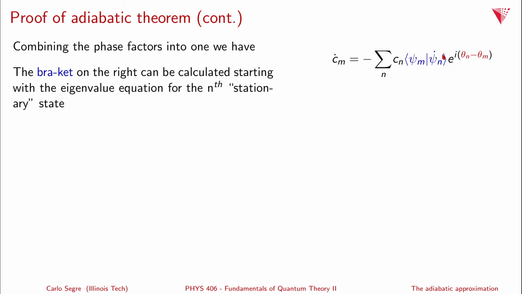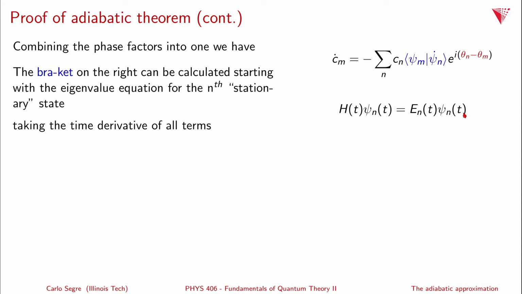Now, this bracket on the right needs to be calculated. And we can start by looking at the eigenvalue equation for the nth state, psi sub n. Well, H of t applied to psi sub n of t is equal to E sub n of t, psi sub n of t.